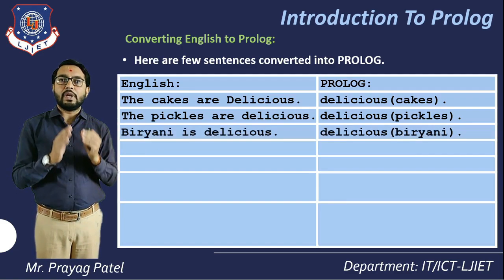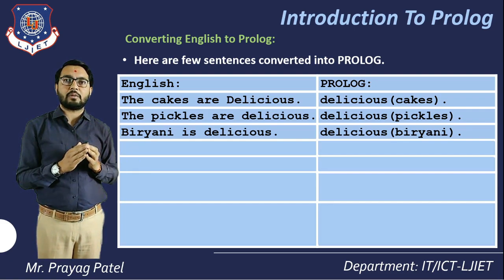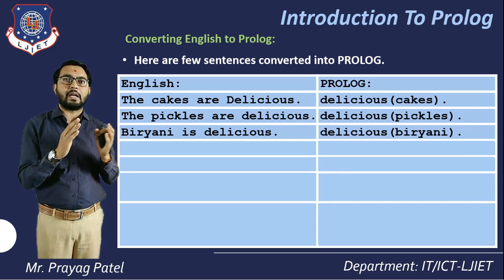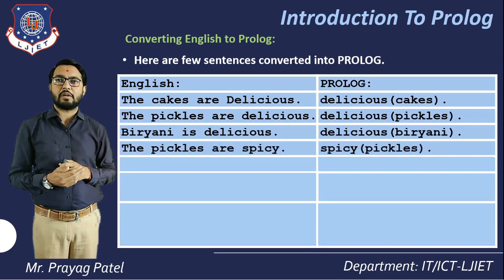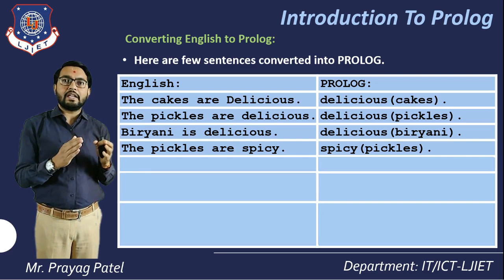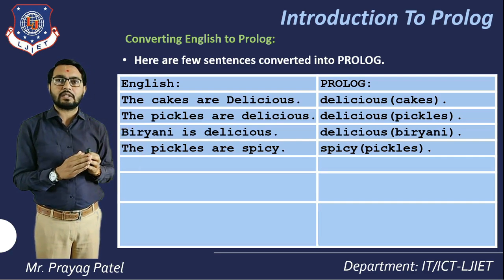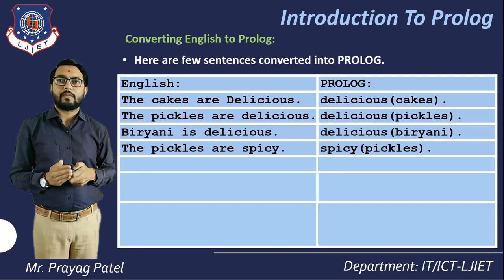Third sentence, biryani is delicious. In the same way we write it as delicious in brackets biryani. Next statement, the pickles are spicy. We write this statement in Prolog like spicy in brackets pickles, then full stop.